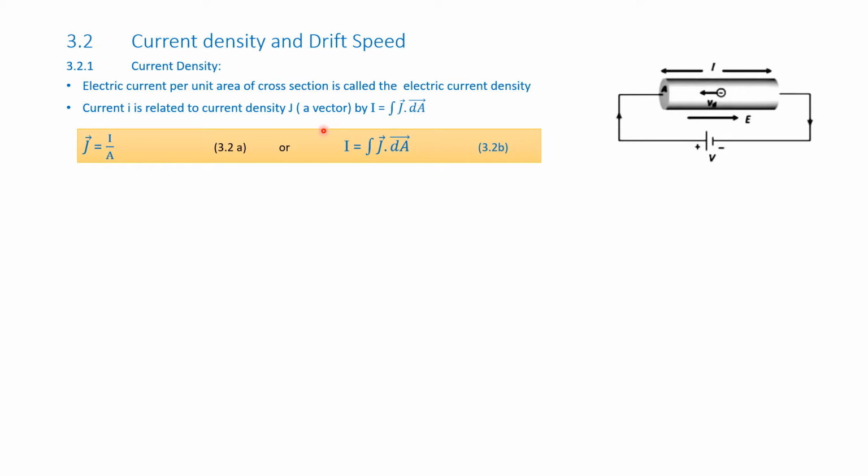Integrating and rewriting, by definition current density is equal to current by area, that is, electric current per unit area. Let this be equation 3.2a. Or it is also given by I is equal to integral J, where J is the current density, into dA. This is equation 3.2.